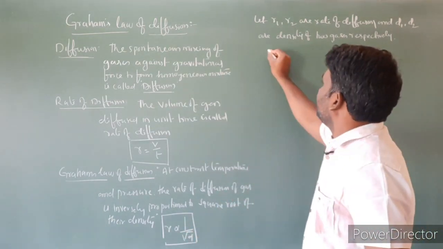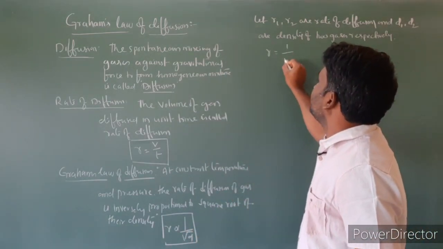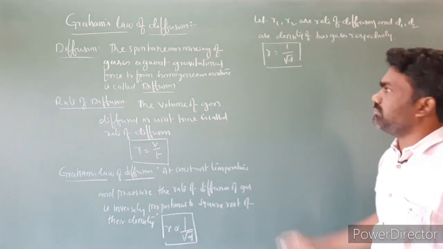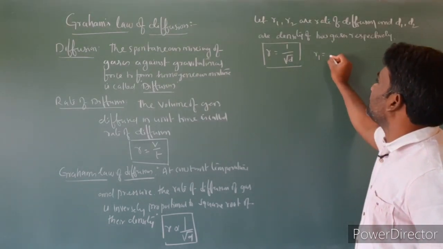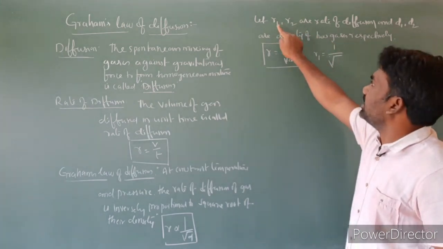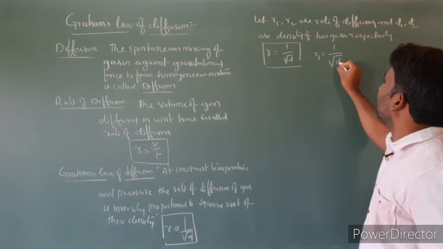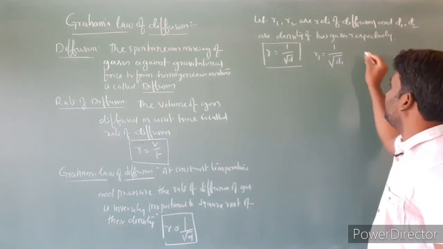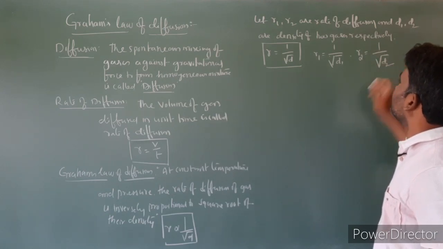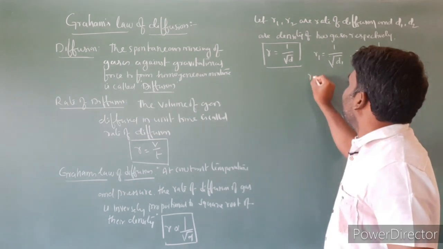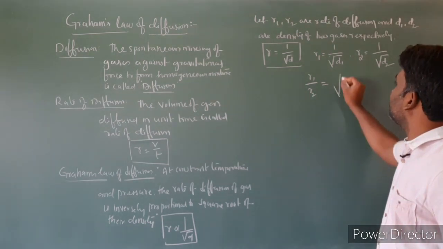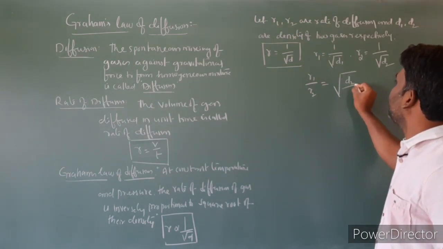I am taking this equation, rate of diffusion is equal to 1 by square root of D. So this is Graham's law of diffusion. Two different cases I am taking. First case: R1 is equal to 1 by square root of D1. The second one: R2 is equal to 1 by square root of D2. Then R1 by R2 is equal to, so the formula you can expect here is square root of D2 by D1.